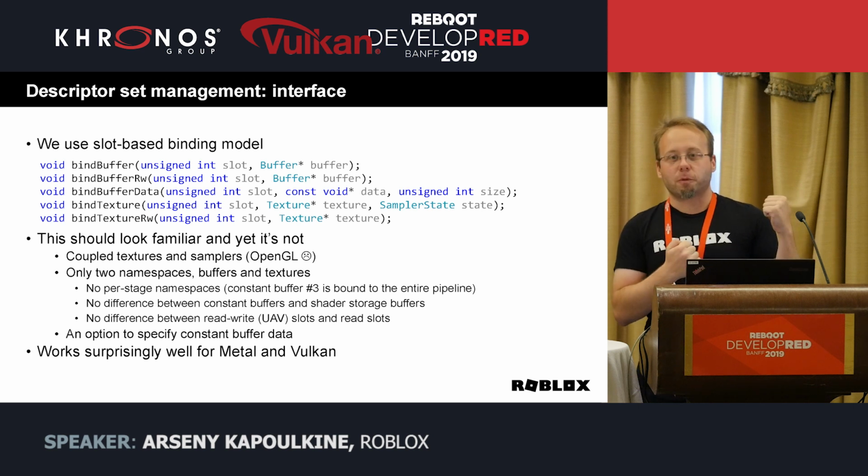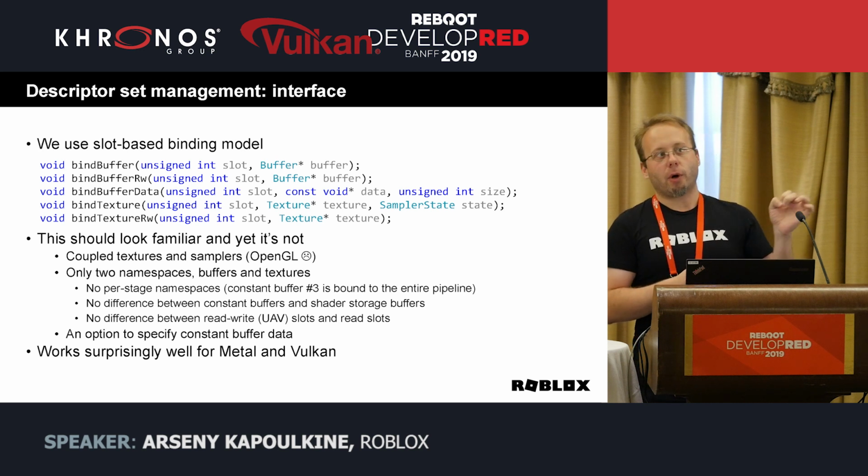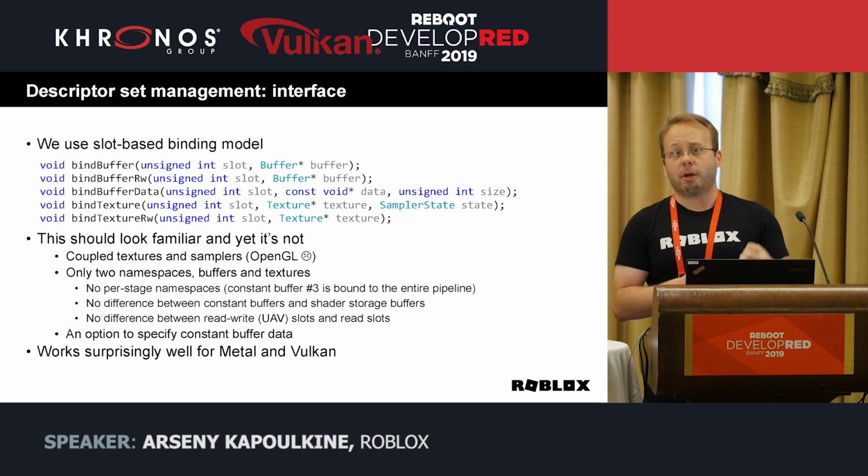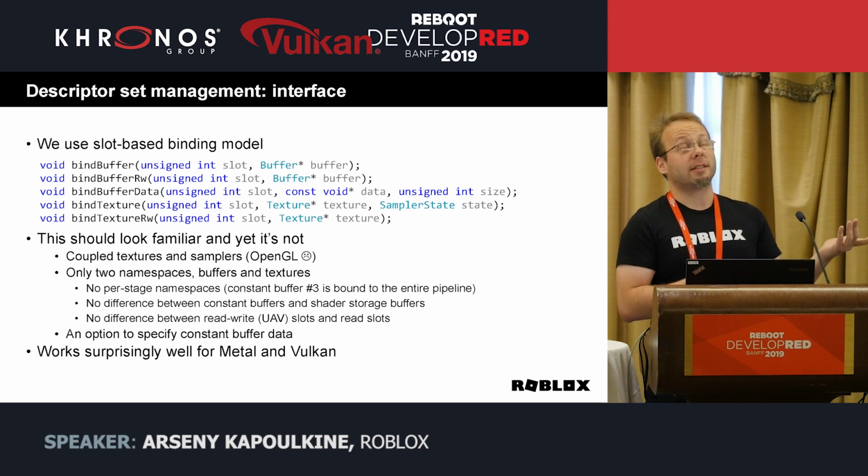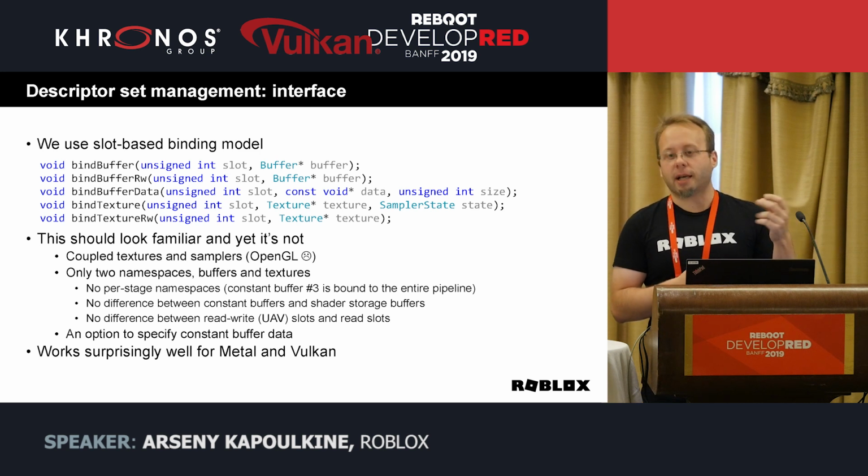From the high-level code perspective, you just bind the texture, which on other APIs requires a bit of extra management in the implementation. Because in all other APIs, except for D3D12, which is slightly different, like in Metal, you have to say, I want to bind to this stage or to that stage.